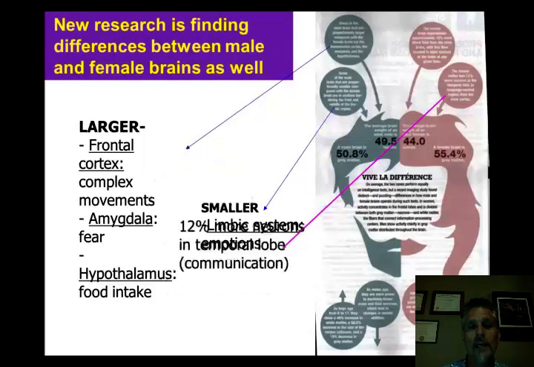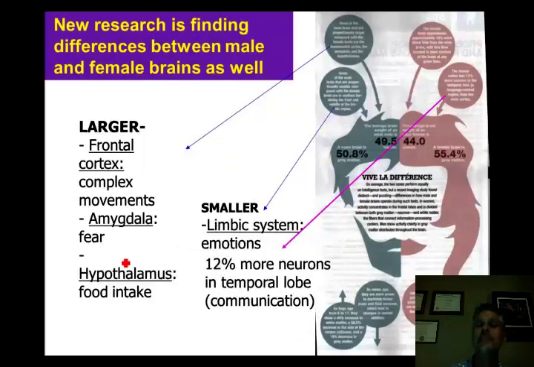So what we're looking at there is some interesting trends between the structure and the function, even in the temporal lobe, when we talk about communication, right, processing of our written and oral communication and things like that, 12% more neurons in the female temporal lobes associated with communication than the male. Like to talk, communicate, don't like to talk, communicate between the two sides. Maybe there's something there. In any case, something to think about. More discoveries to be made.